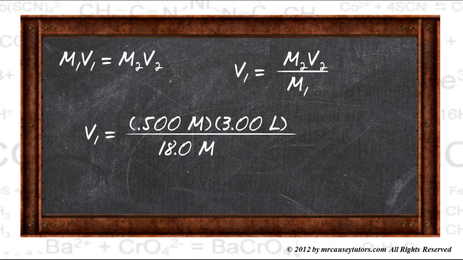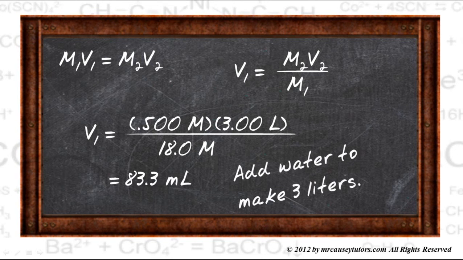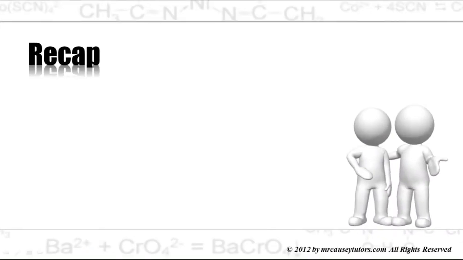Check all our numbers there, and we'll see that if we plug and chug that, we get 0.0833 liters with 3 sig figs. That means if I take 83.3 milliliters and add water to make 3 liters, ta-da, I get what I need.